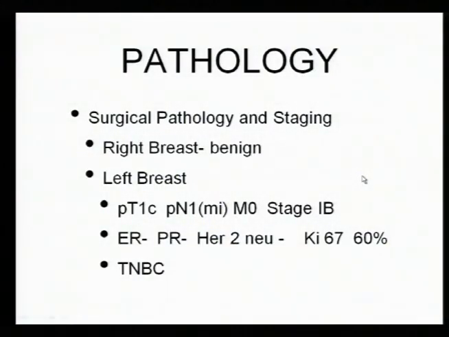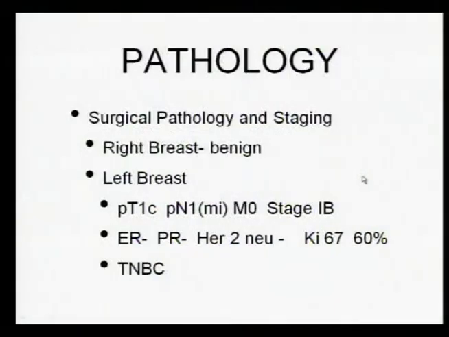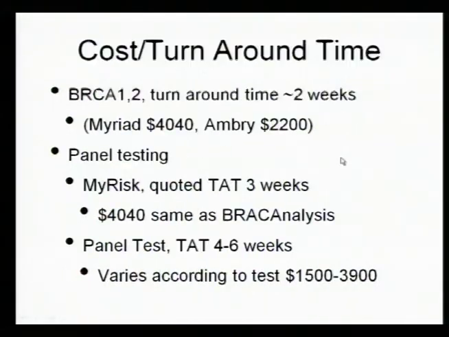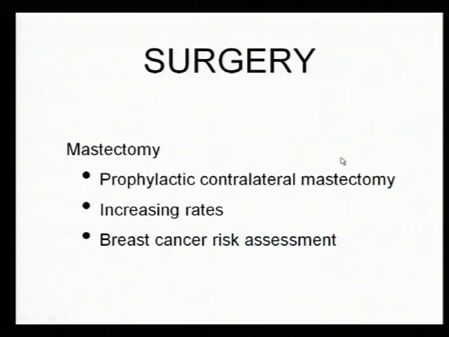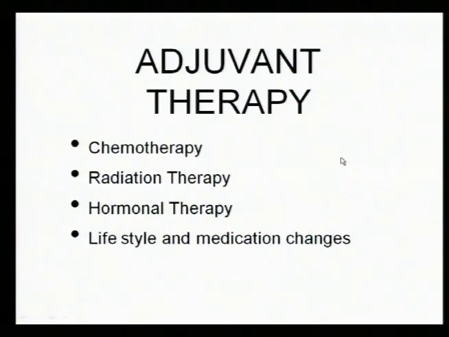Now, Dr. Weydert showed you her initial biopsy, but the other thing that's important from my perspective is the Ki67, which is high at 60%, and that just reflects the aggressiveness of this tumor. So she has a stage 1B disease that we know is BRCA positive, and the question now is, she's completed her surgery.